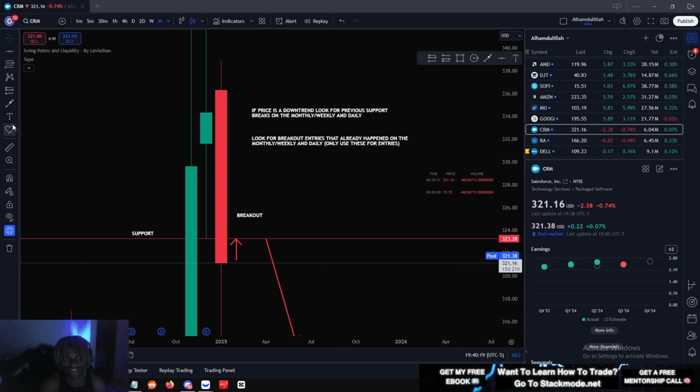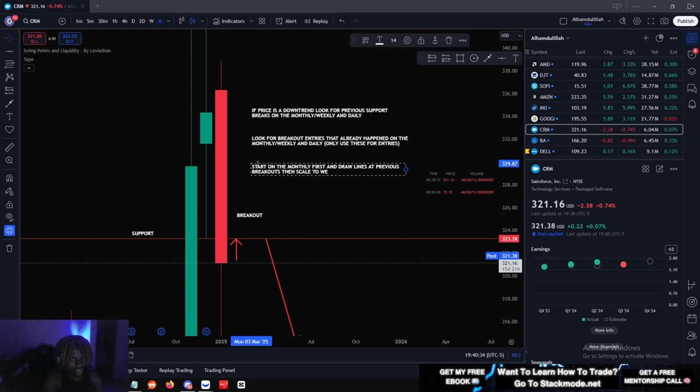So, after that, start on the monthly first and draw lines at previous breakouts.